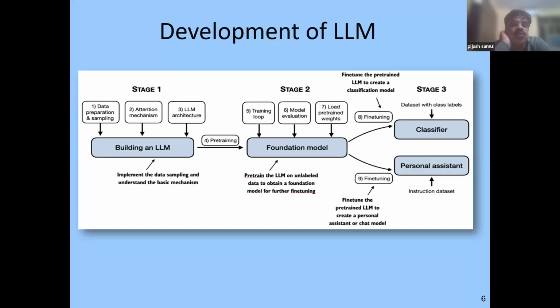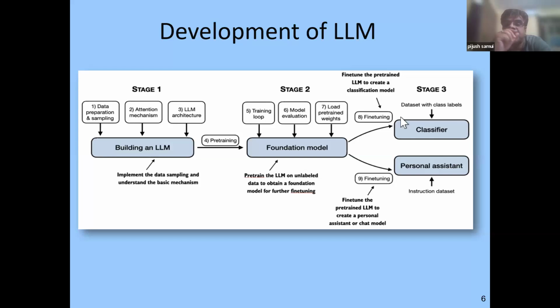In the next stage, we will pretrain the model, and from the pretraining we will make the foundation model: the training loop, model evaluation, and loading pretrained weights. That means whatever has already been trained in the model, you will fine-tune again to get better results. In stage 3, you get the data set with class labels.